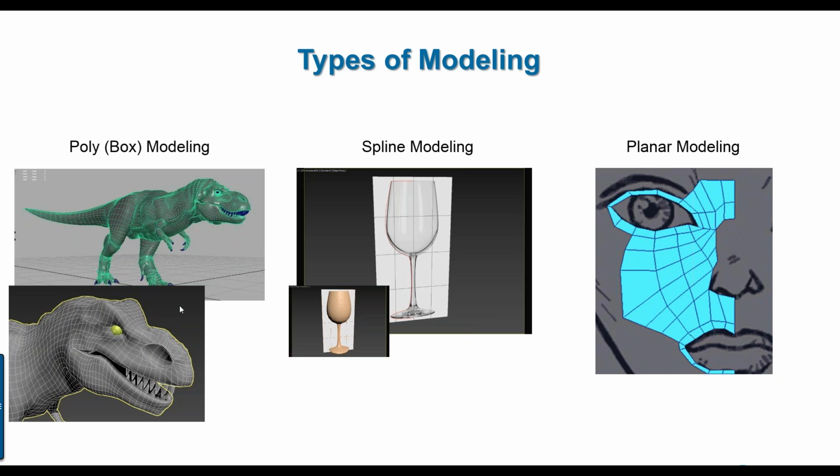And then you also have spline modeling. So spline modeling essentially is using lines or curves. I know from Maya, curves translate into curves and also splines in 3ds Max. But spline modeling is essentially using those lines to create geometry. So you can do this in several different ways.